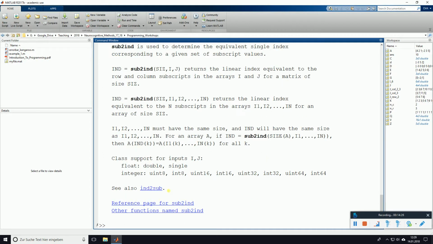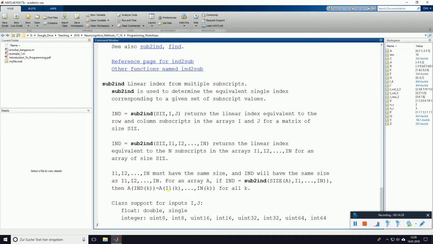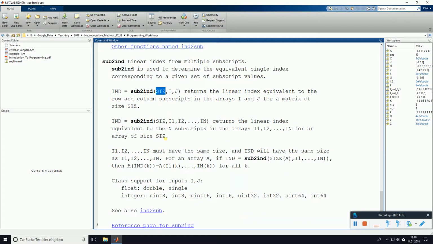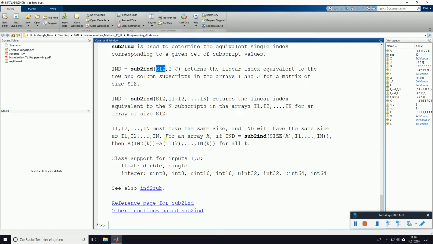There's of course also the other direction, going from subscripts to a linear index. But as you see, this depends on the matrix size. So in general, stay away from linear indexing and use subscripts in 2 dimensions, so rows and columns for matrices.